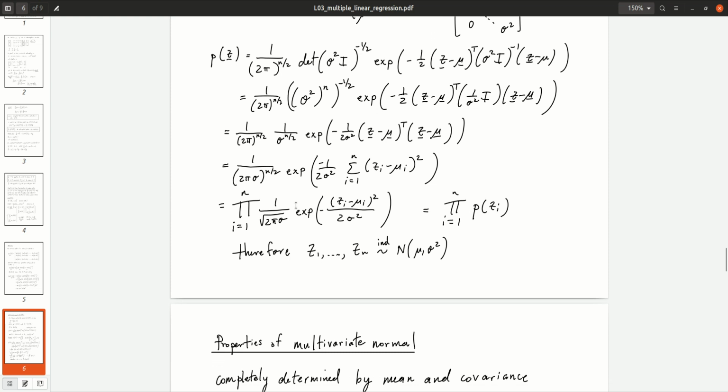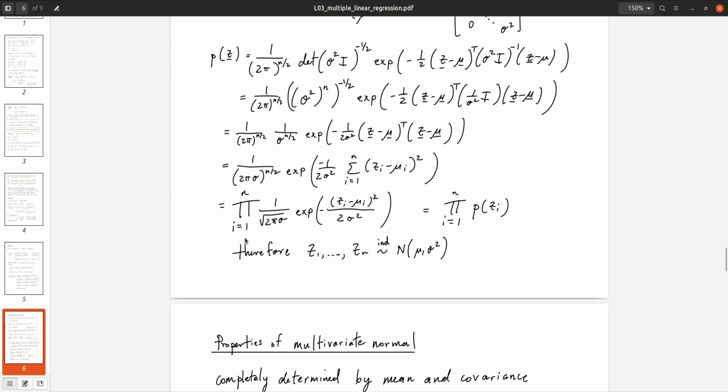And then we use the fact that e to the sum of a bunch of things is equal to the product of e to the individual elements. So this thing is raised to the n over 2 power, so we can write it as the product of this thing n times multiplied by e to the individual elements of this sum, which is e to the minus z_i minus mu_i squared over 2 sigma squared.